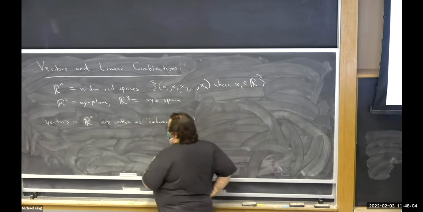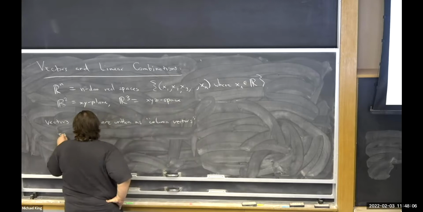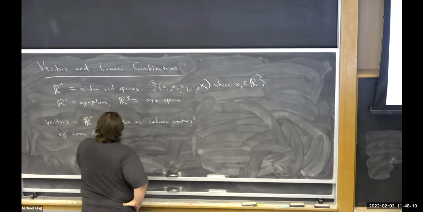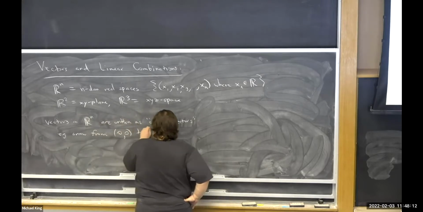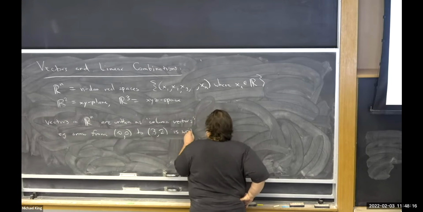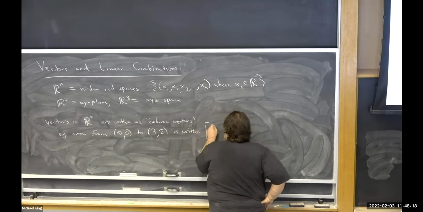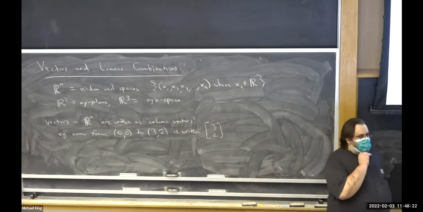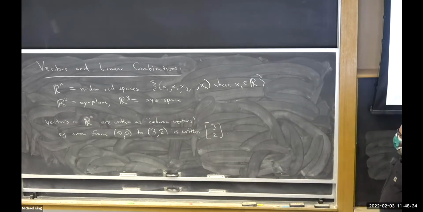So for example, the arrow from 0, 0 to 3, 2 is written vertically, 3, 2. We're just going to write that.